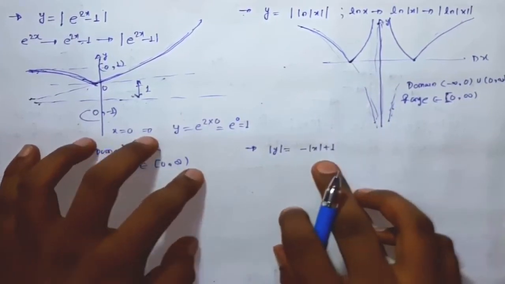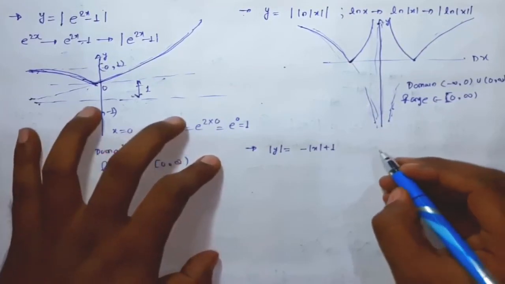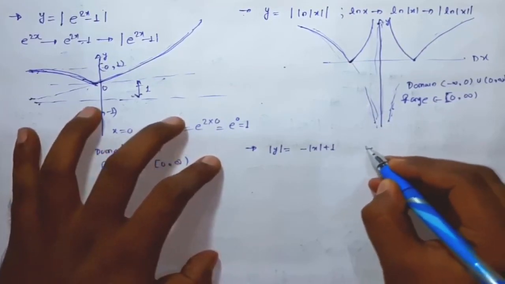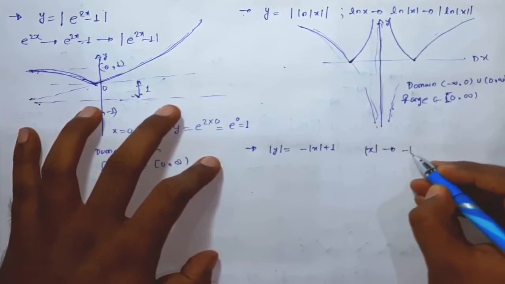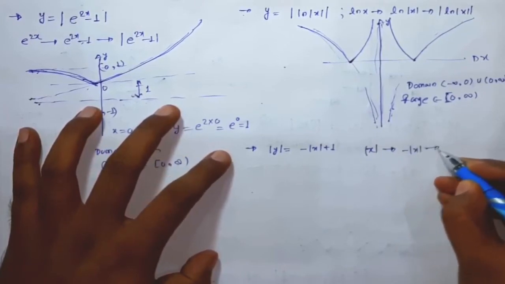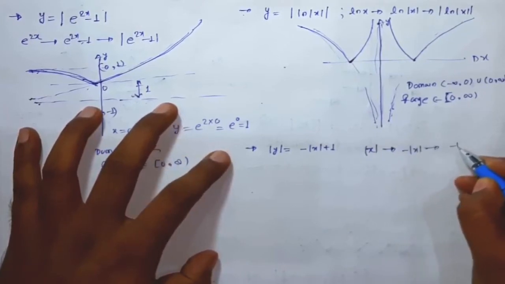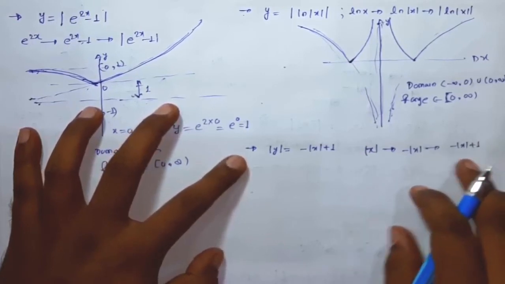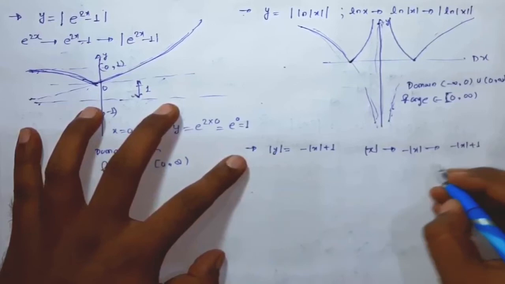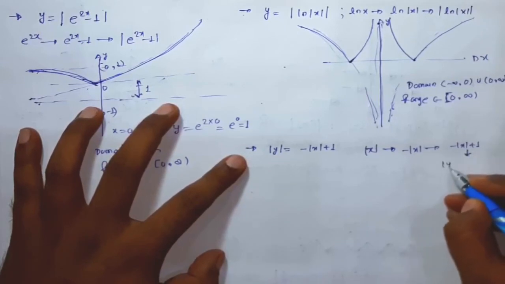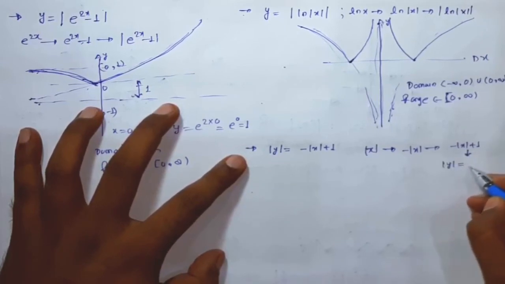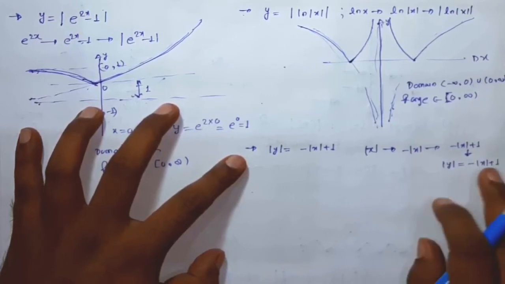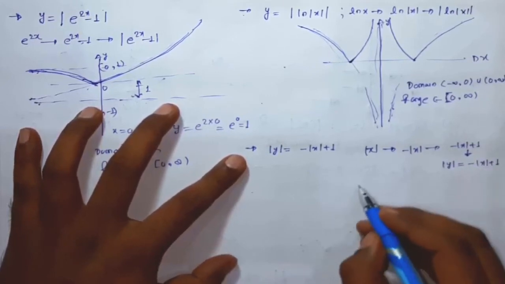So first we will draw the graph of mod of x, then the graph of minus mod of x, then the graph of minus mod of x plus 1, and then the graph of mod of y is equals to minus mod of x plus 1. Okay, how will we draw the graph? We will simply do it step by step.